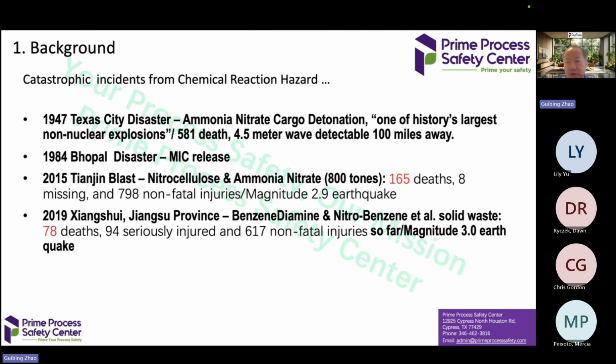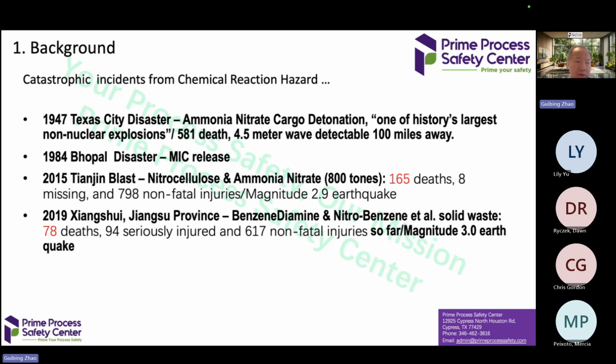This incident caused 165 deaths, and lots of people were injured, and the consequences were like a 2.9 magnitude earthquake.